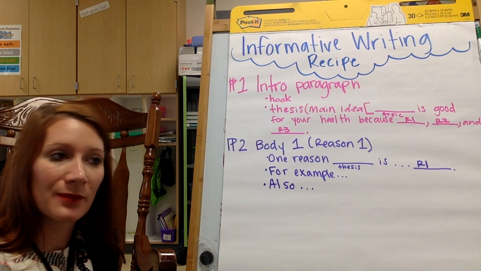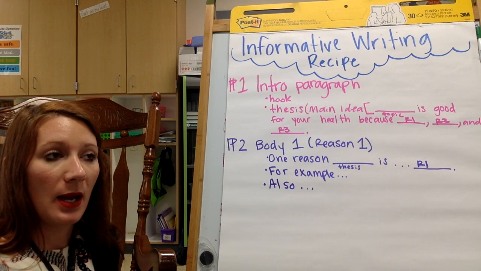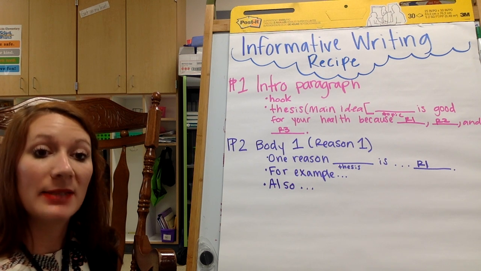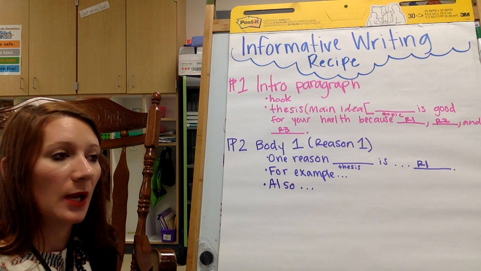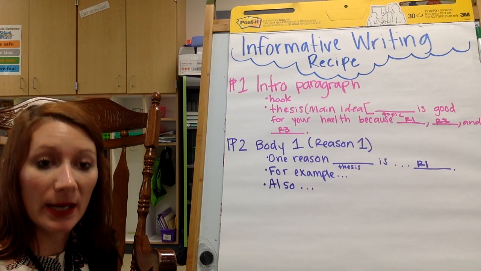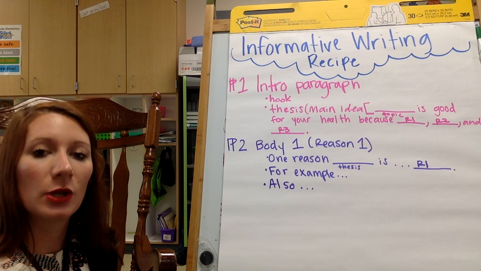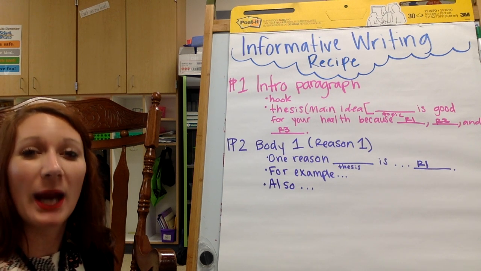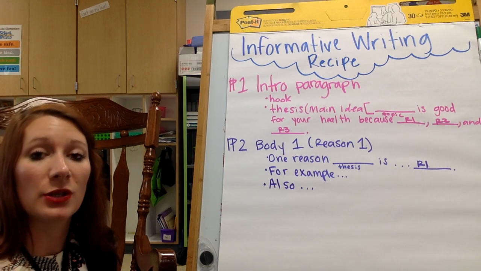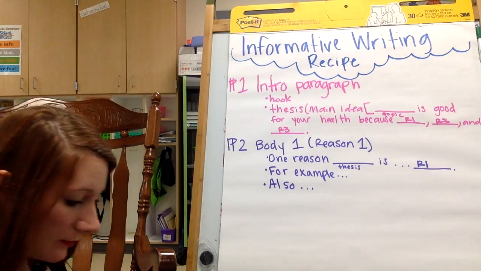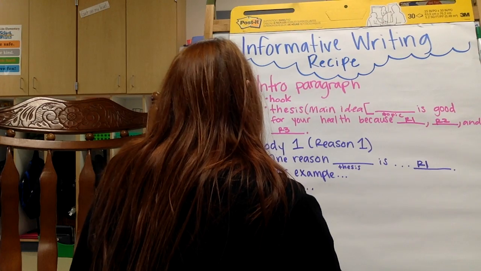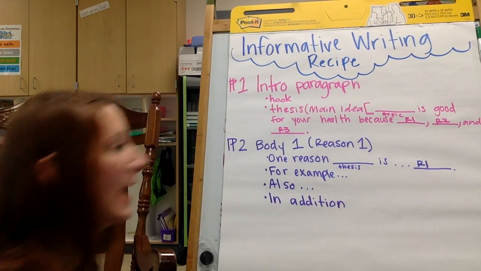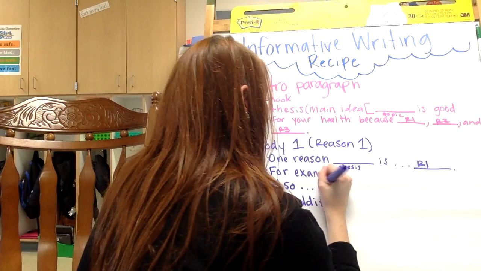Now, if you want to use a higher transition or a transition that might be a little bit more strong, rather than also, you might say additionally, or rather than then, you might say secondly, or next, or thirdly. So again, look at that list of transitions that we went over earlier in the year, so you have some ideas as to what kinds of transitions you can use to begin your sentences in your paragraphs. And then finally, you're going to add another example or fact.